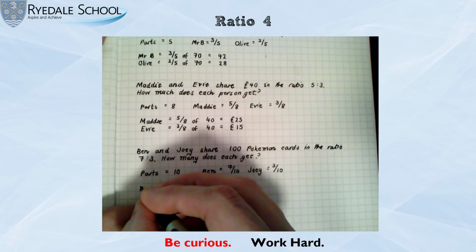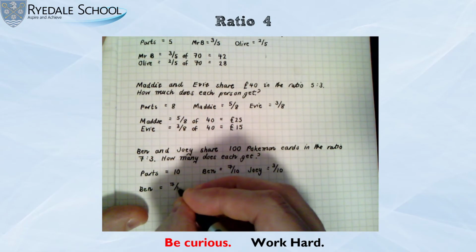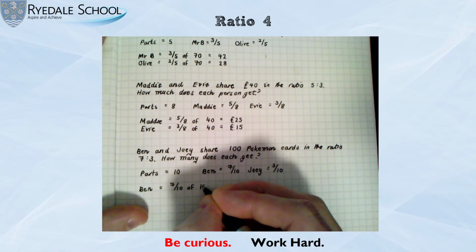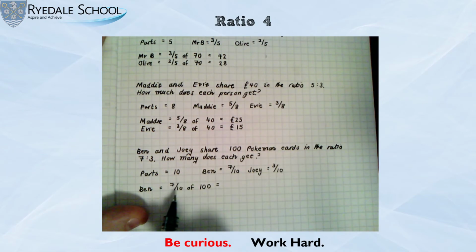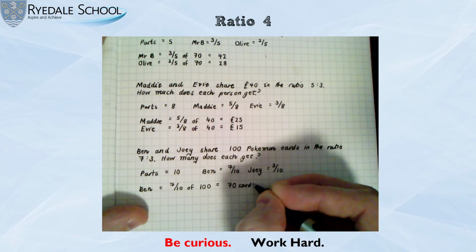So for Ben, we need to work out 7/10 of 100. So divide by 10 to work out one part, or 1/10, and multiply by 7. So he will get 70 cards.